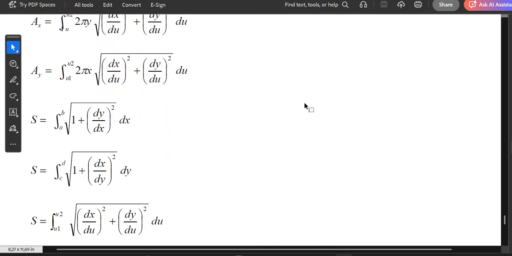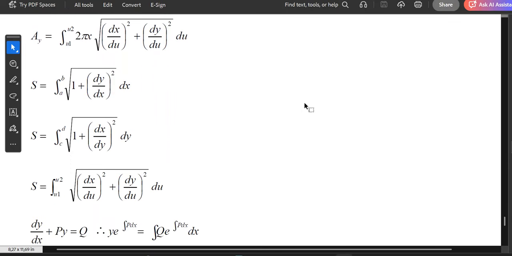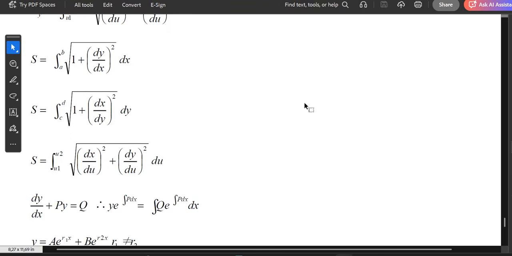These formulas which are given as S are for the arc length. So as we are given x in terms of y, this is the one that we are going to use so that we integrate with respect to y. And these limits c to d are for y greater than c, less than or equal to d.